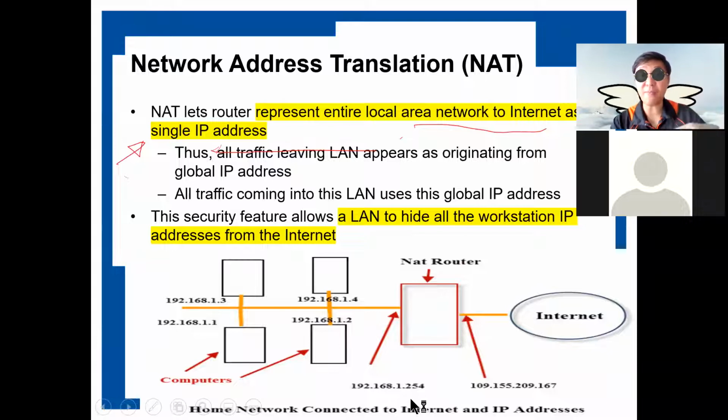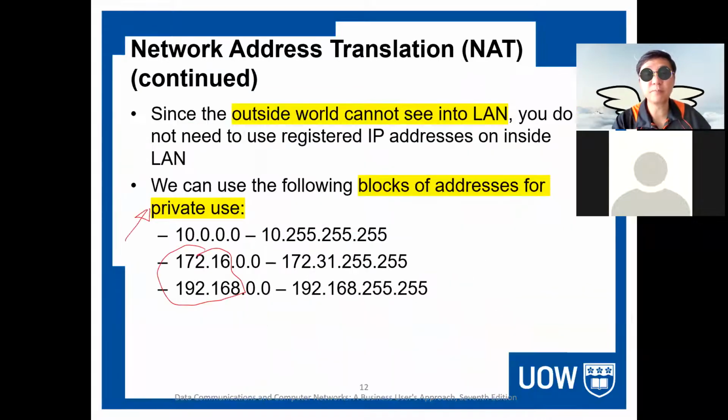So you have it, I have it, everybody has it. So these are reusable. With this kind of reusability technique, you find that IP version 4 can still be used. We don't have to rely on IP version 6. That's why you don't see a lot of IP version 6 still being implemented. Maybe when 5G comes online, you will see IP version 6 will have to be in place.